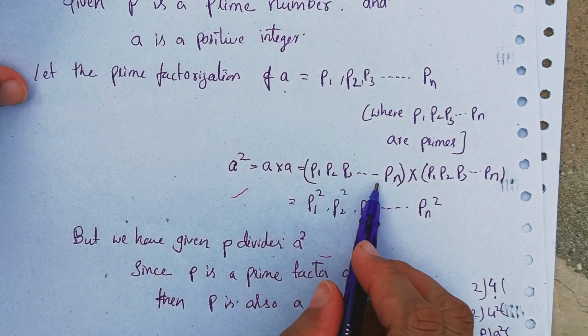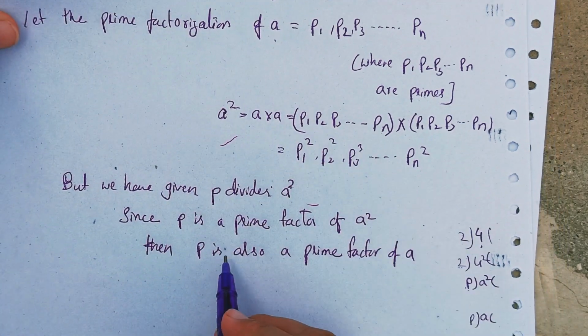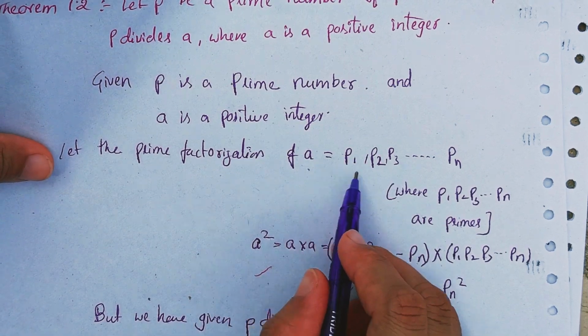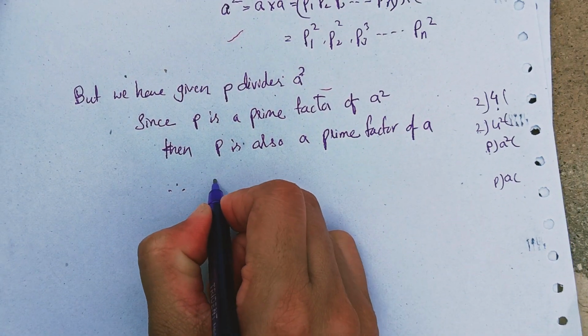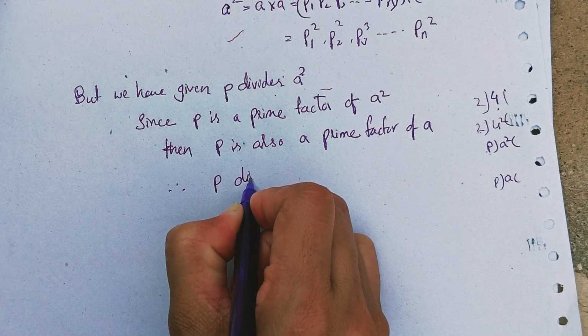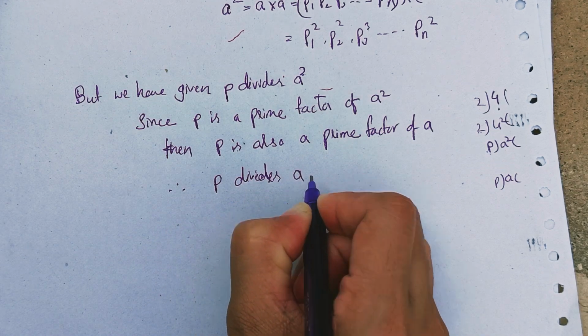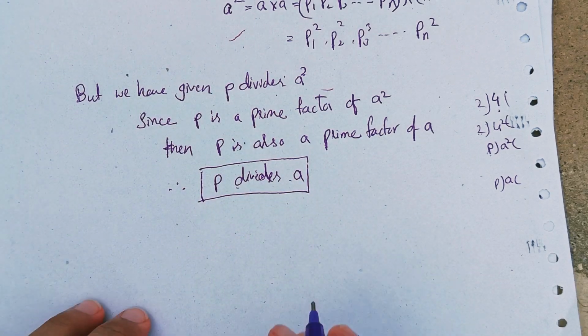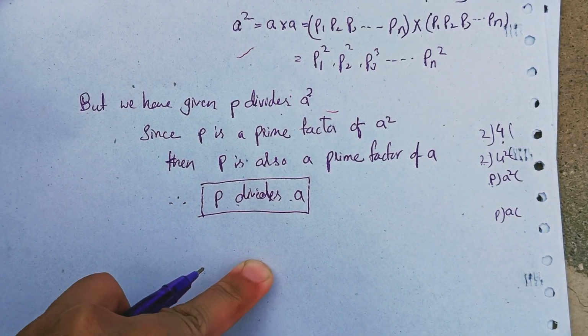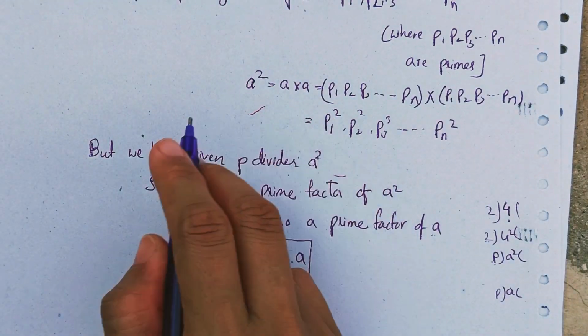If p is a prime factor of a square, then p is also a prime factor of a. So from this we can easily say that p divides a. Have you understood this theorem? Okay guys, this is all about this theorem.